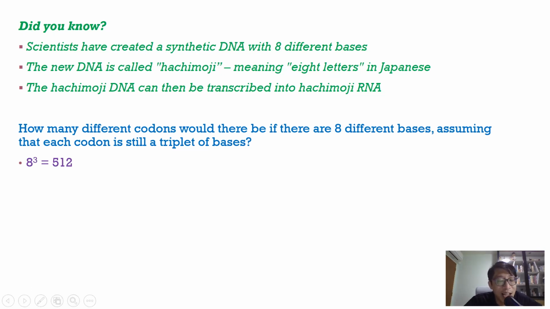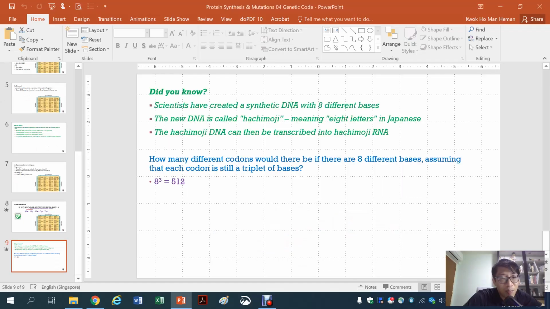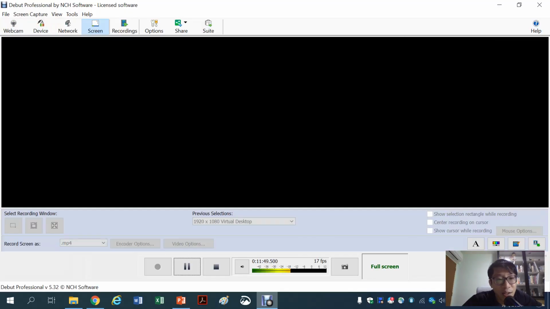Because the formula is x to the power of y, where x is the number of different nucleotides, and y, the power, is the number of nucleotides per codon. In this synthetic RNA, there are 8 different nucleotides. We still assume that each codon has 3 nucleotides, so that would make 512 different combinations of codons, which would obviously be too many. So that would be the end of the genetic code.